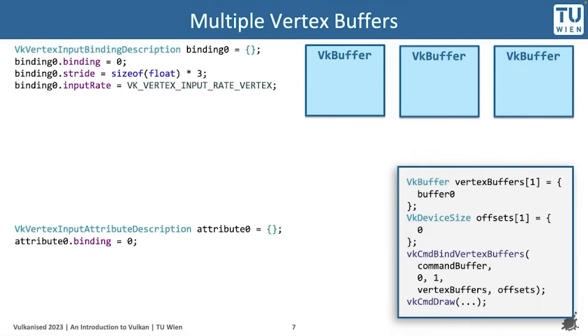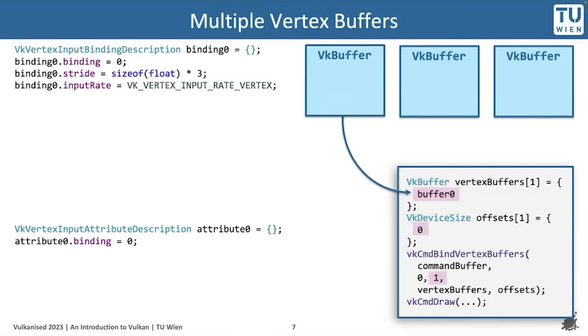This is the code from part 2 that we used for binding one of these buffers. It was like this for the bind command, where we had this array which contained one of these buffers and also an offset array, but in our case, we always start with 0.